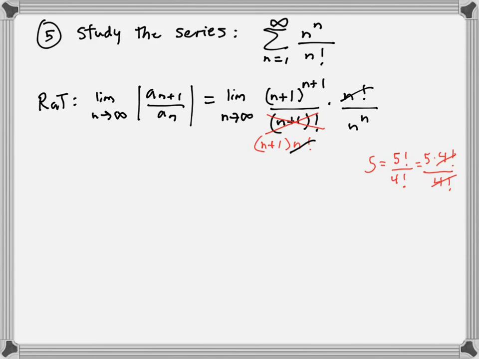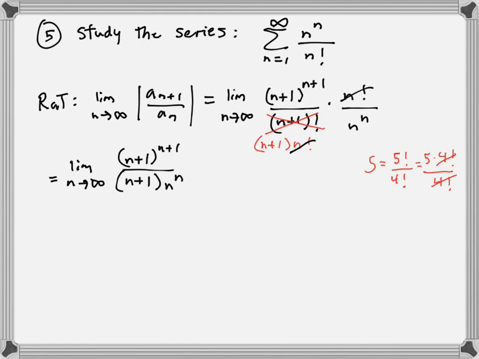Now there's so much canceling I can do here that I want to do this in steps, okay? So that's my first step. My second step, let me write what I've got. This is what I've got now.